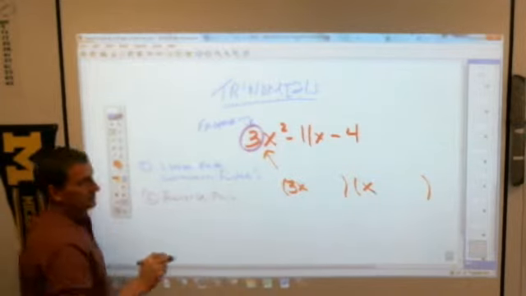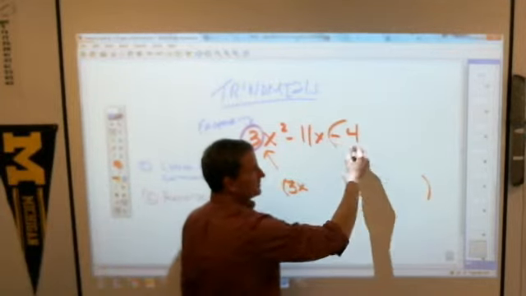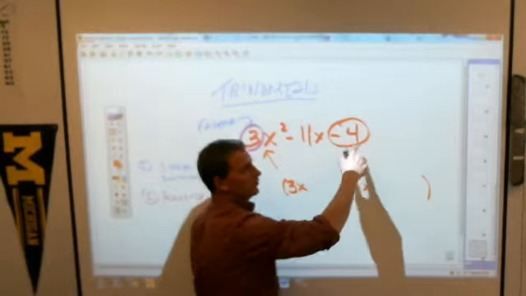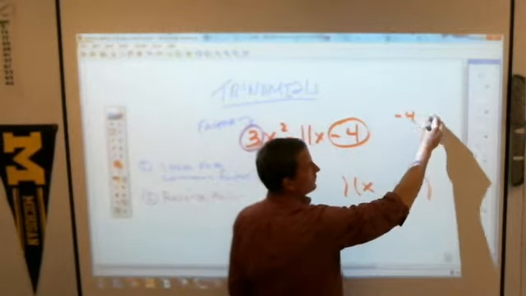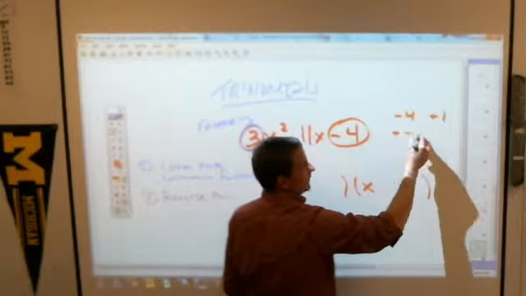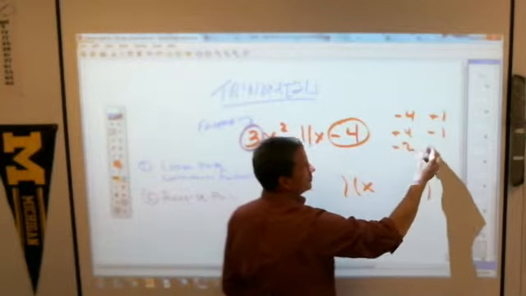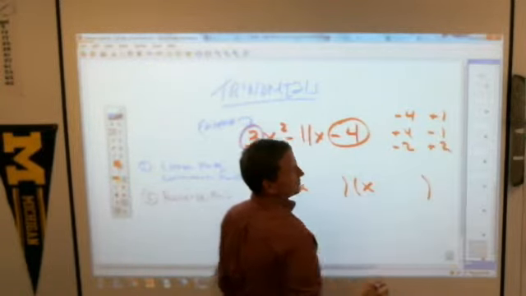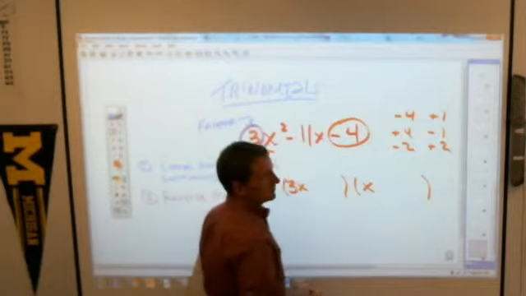Because, think about this. Your second step is to still think about all the different ways to get -4. You could have -4 and 1, 4 and -1, -2 and 2. I guess those are the only 3 choices, right? There's nothing else.